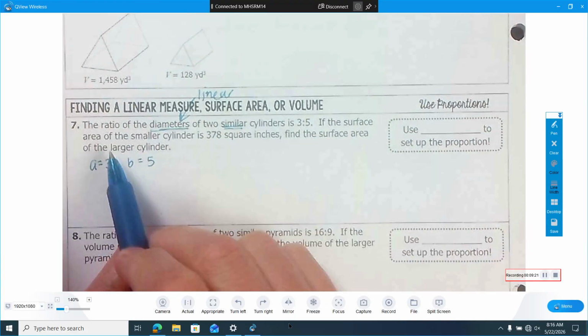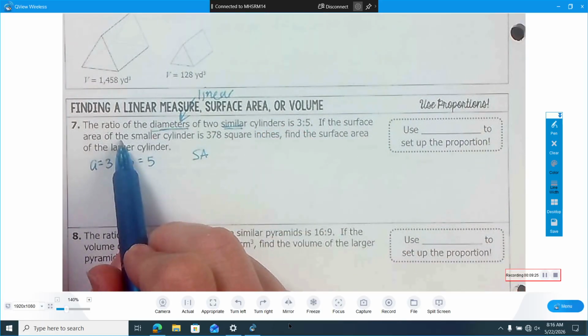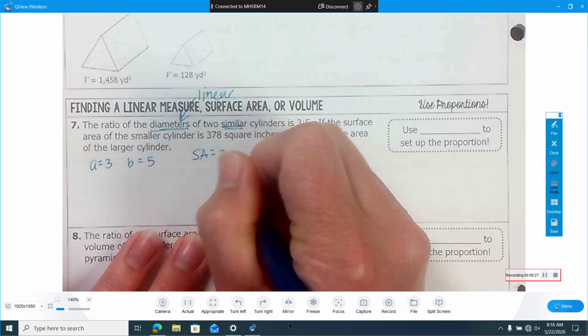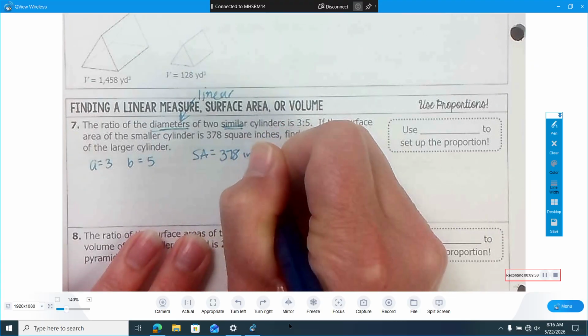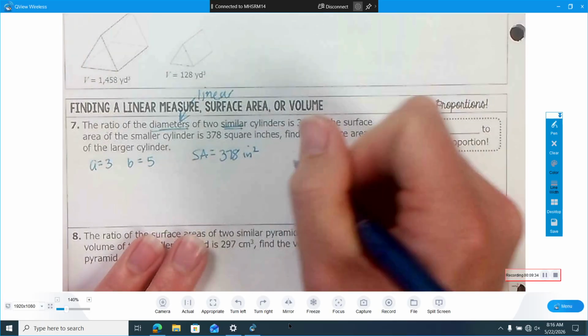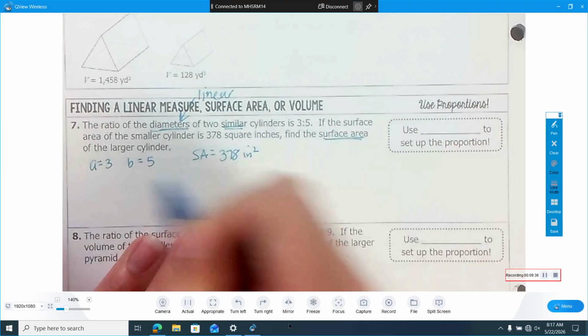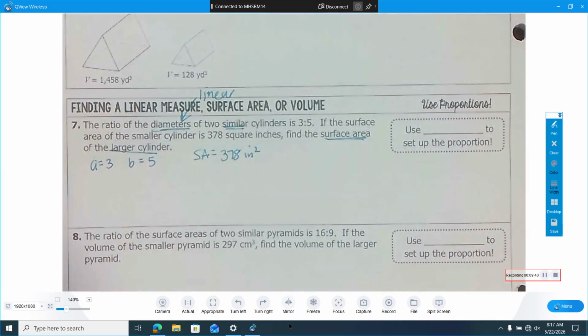If the surface area of the smaller cylinder is 378 square inches, find the surface area of the larger cylinder. All right, I need the surface area of the larger cylinder. I don't know what that is.